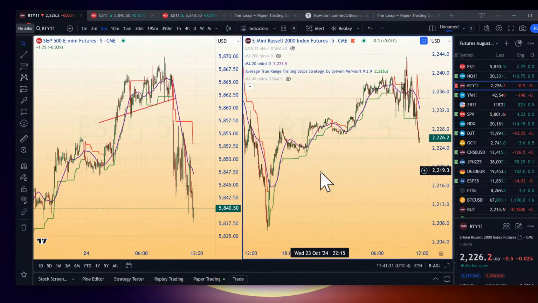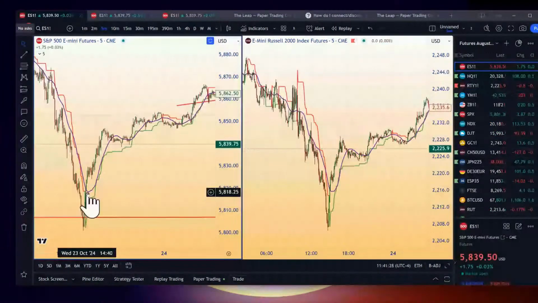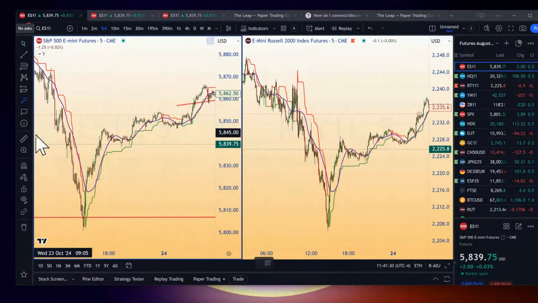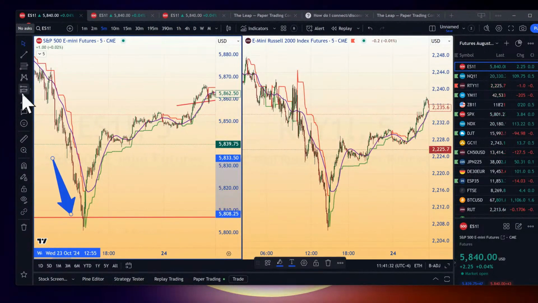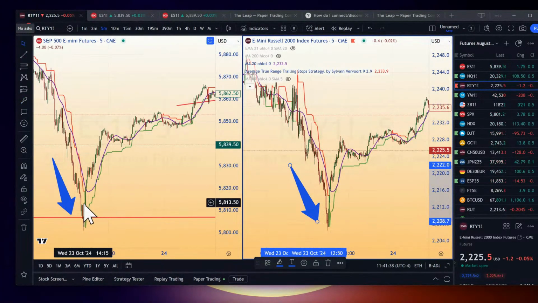ATR trailing stop and the 20. So why did this work yesterday? Darn right. Look at that. It hit the support. The Russell on the right had bounced. In fact, it formed a little inverse head and shoulders, and it got over the ATR trailing stop.